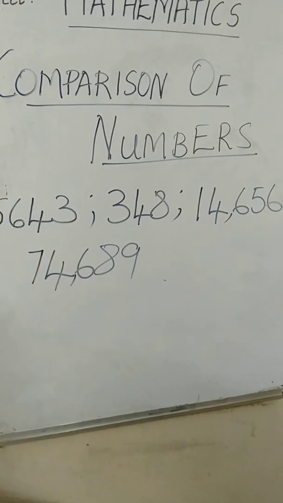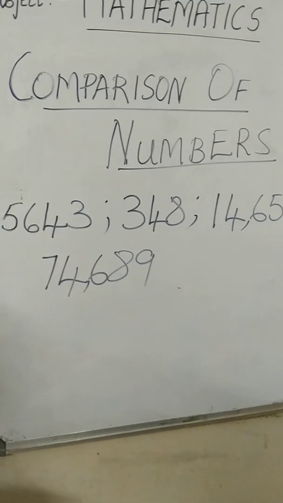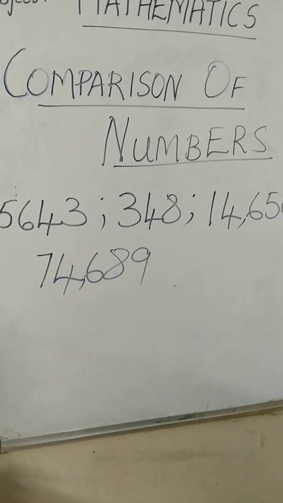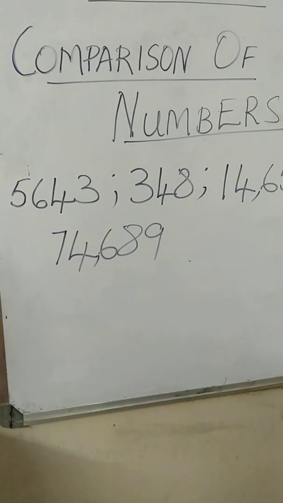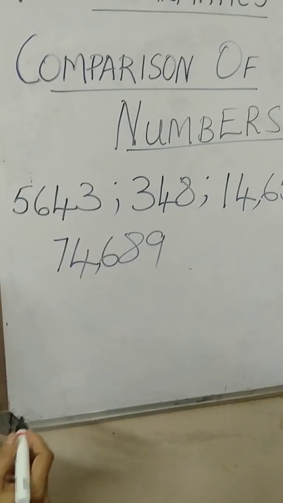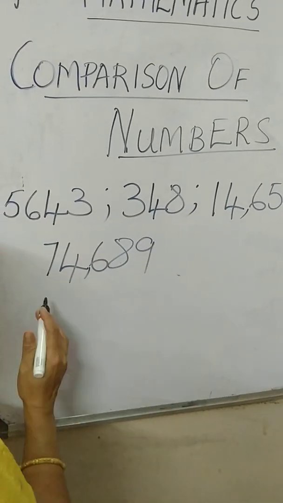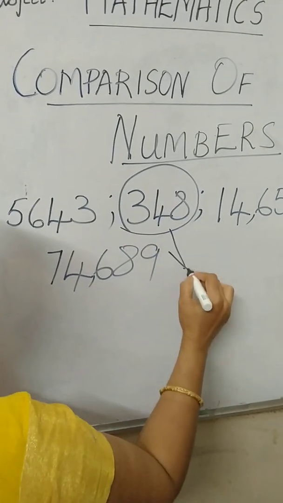Now you look at these 4 numbers. Among these numbers, can you identify the smallest number? As I told you earlier, the number of digits in each number you will count and find out that the number which has the less number of digits, that is, you can easily make out from this that this number is the smallest number.